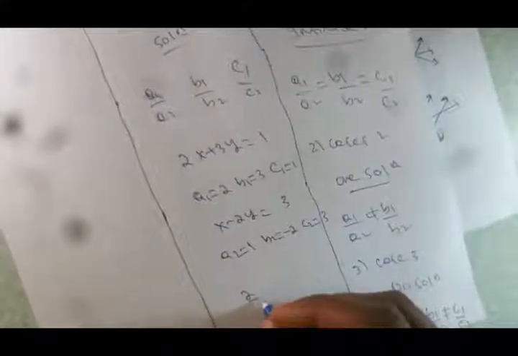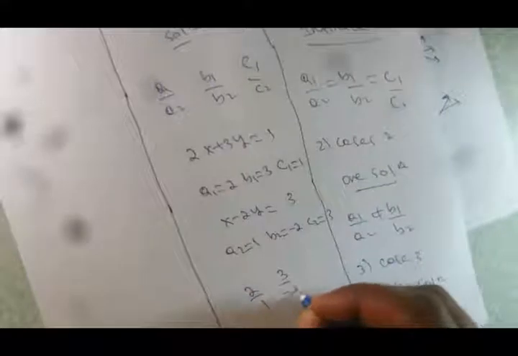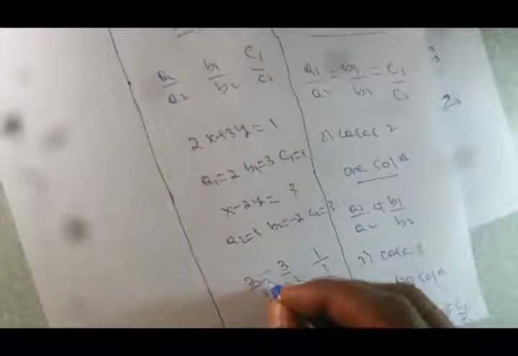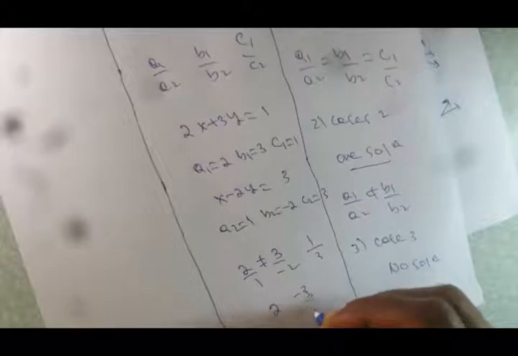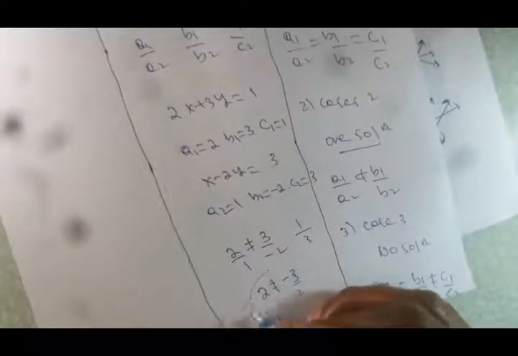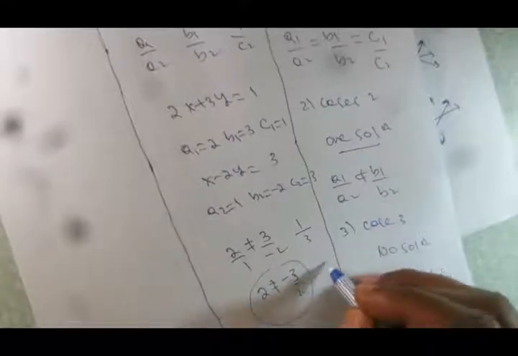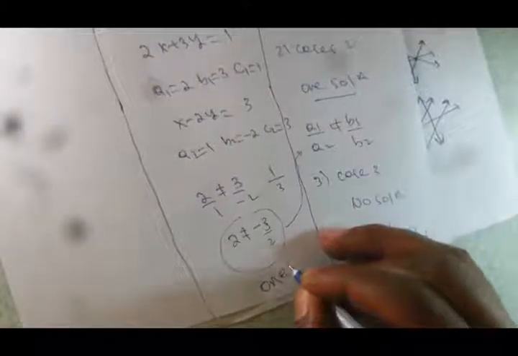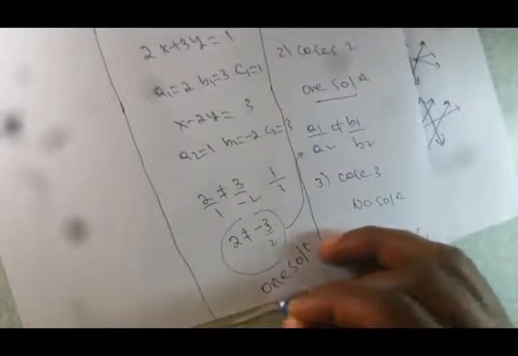Therefore, 2 divided by 1, 3 divided by minus 2, 1 divided by 3. Since 2 is different from minus 3 over 2, this goes with case 2. When a1 over a2 is different from b1 over b2, it has one solution. So the system of equations has one solution.